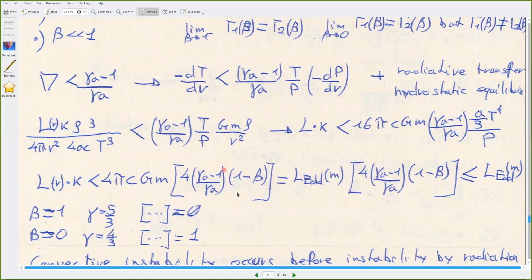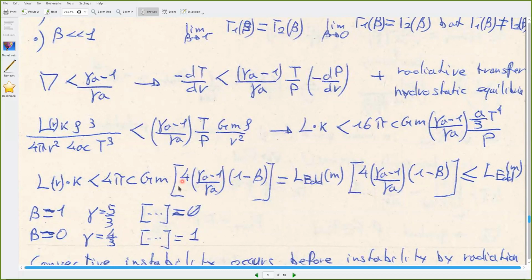This is a bit higher, but this one goes to 0. For beta more or less 0, this goes to 1, and this is going to 1 divided by 4, so multiplied by 4 is 1. So this is 1.